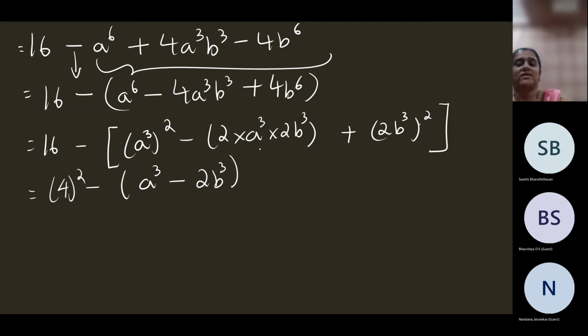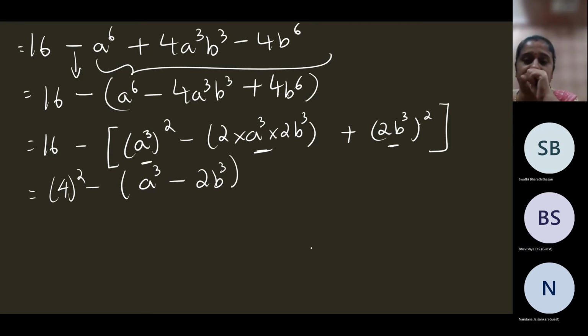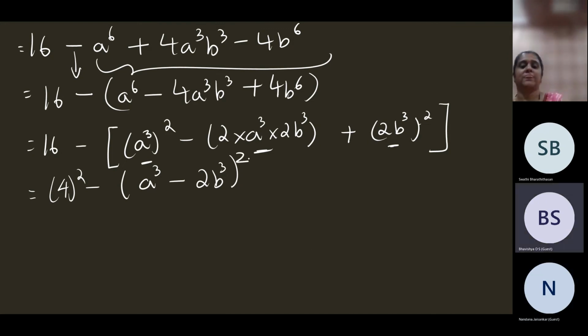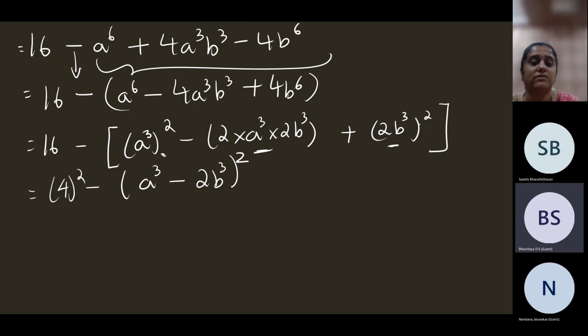No. Wait. Now, what you have here? X square minus 2xy plus y square. What is x square minus 2xy plus y square? Ma'am, x minus y whole square. Yeah, x minus y whole square.